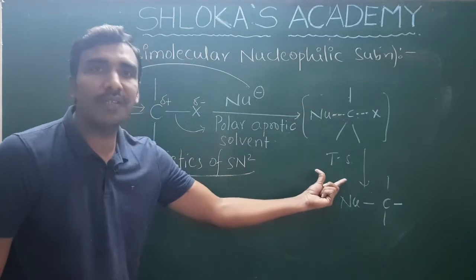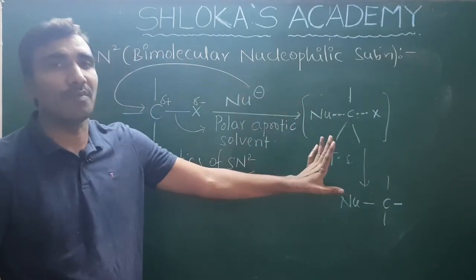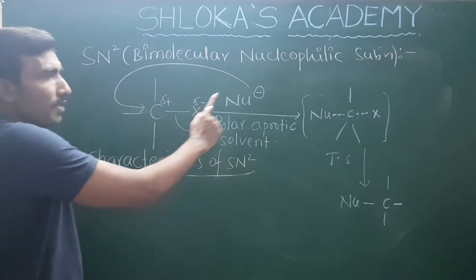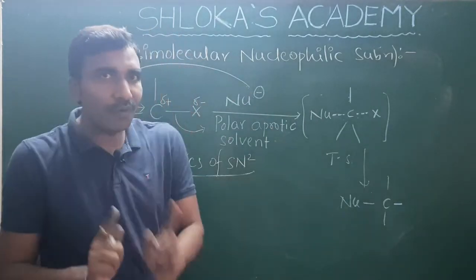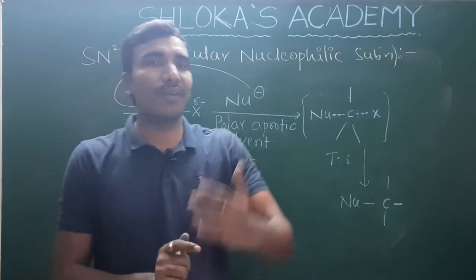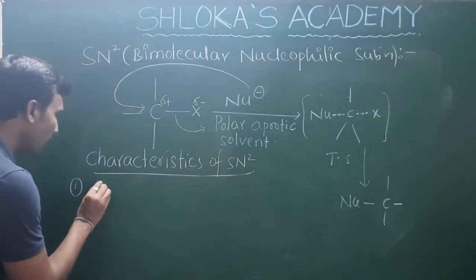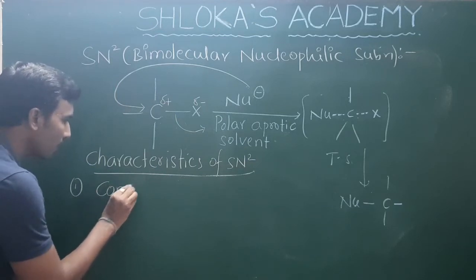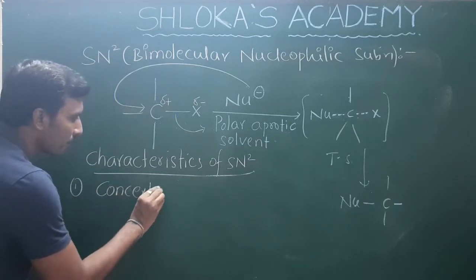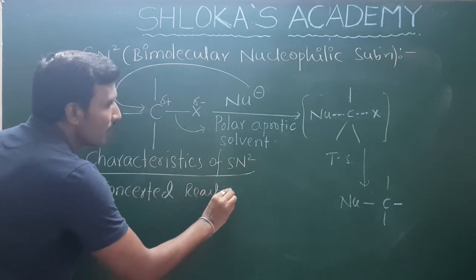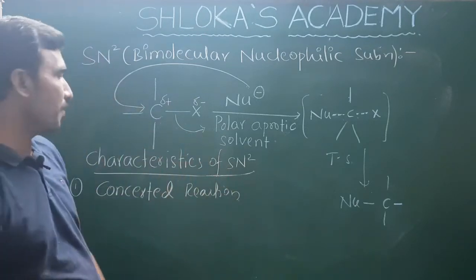It is a transition state which is highly unstable, more energetic and highly unstable. So it is a single step reaction. And we know that all single step reactions are called concerted reactions. So the first statement you can write: it is a concerted reaction. Concerted reaction means it takes place in only one step.